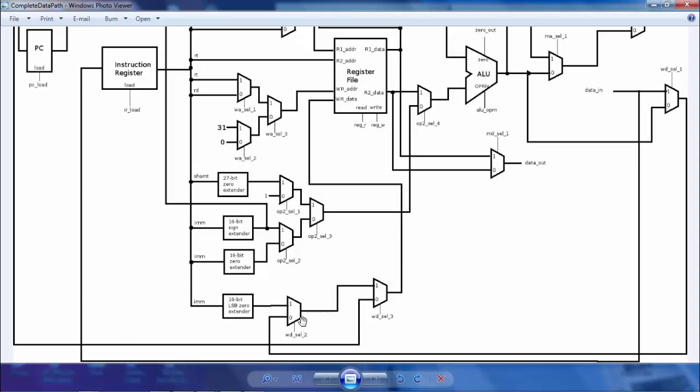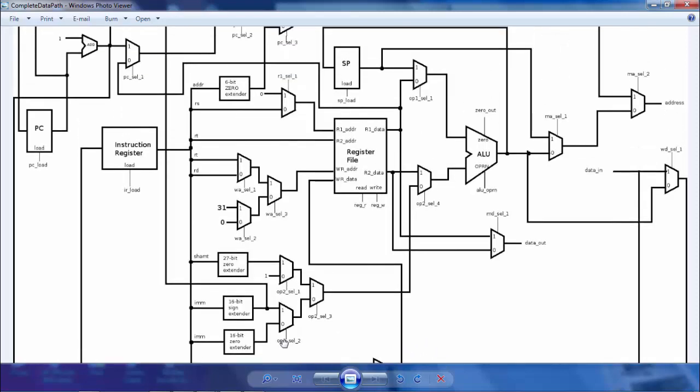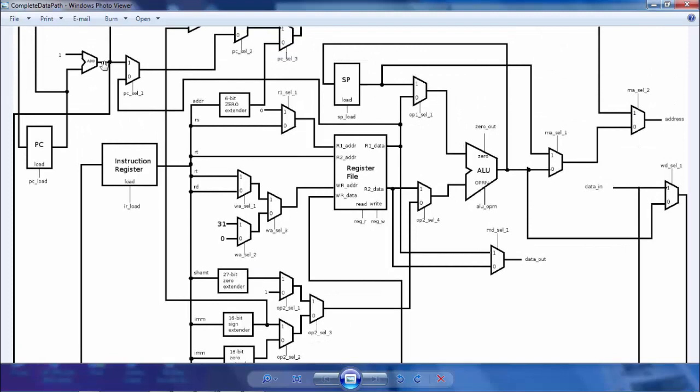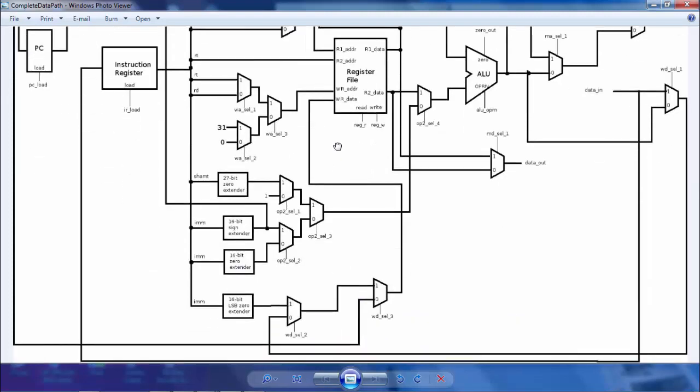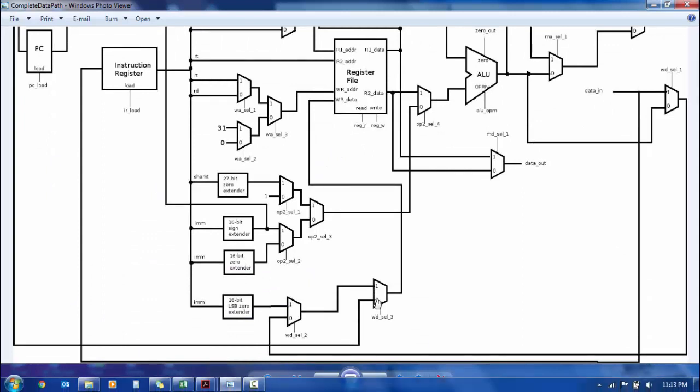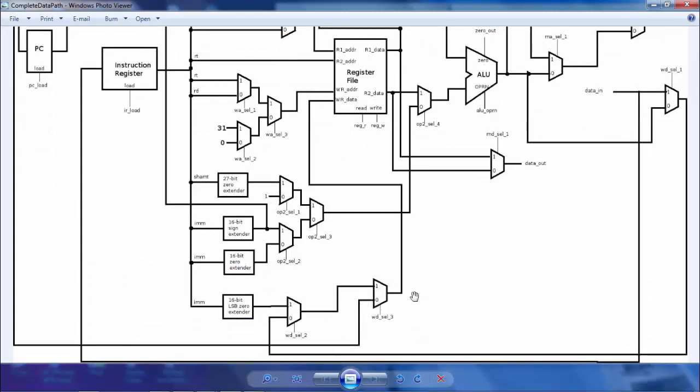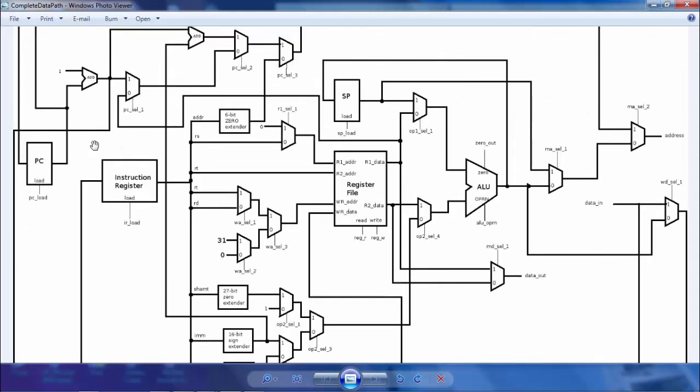And then I think this multiplexer controls, maybe, load upper immediate, that data path to support it. And this one supports, I believe, let's trace it back, PC plus 1. If we trace back this path of this multiplexer, it is tracing back into PC plus 1, right?